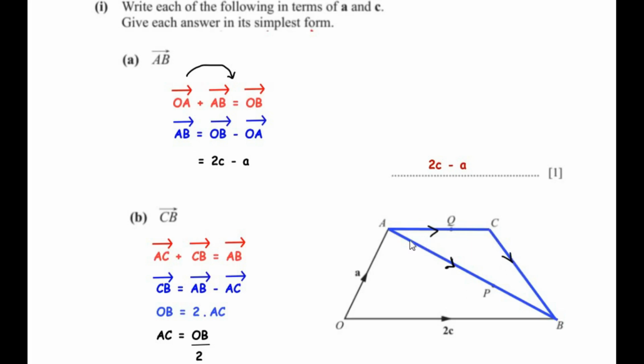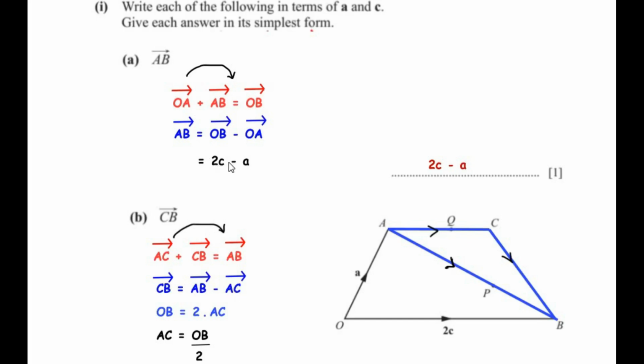And since we know that we have to add the vectors moving in the clockwise direction, and that will be equal to all the vectors going in the anti-clockwise or in the opposite direction, we can see that AC and CB are going in the same direction. So we have written here vector AC plus vector CB is equal to vector AB. Now since we need to find out CB, we are going to take AC on the other side of equal to sign. So we get vector CB is equal to AB minus AC.